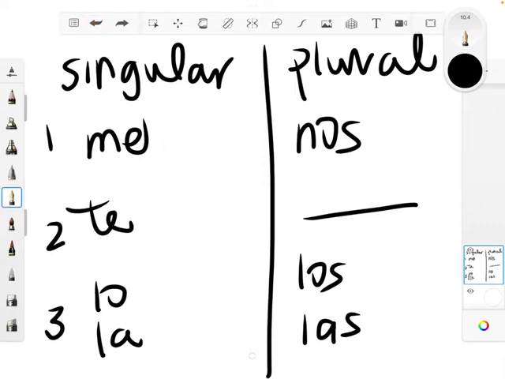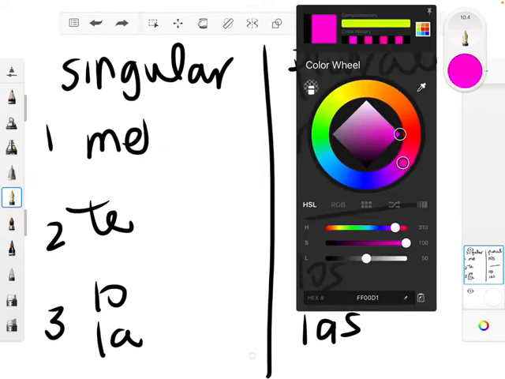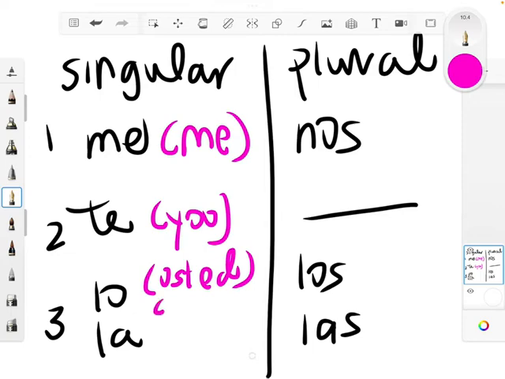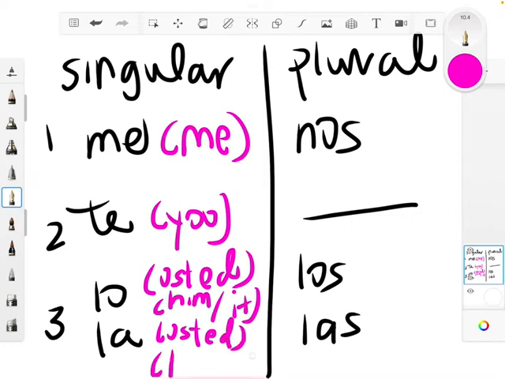Actually, let's see. Let's change our color here. Me. Te is you, singular, and the familiar. Okay. Lo can be like the you, so like usted. Or it can also be him or it. And then la can also be usted or her and it.